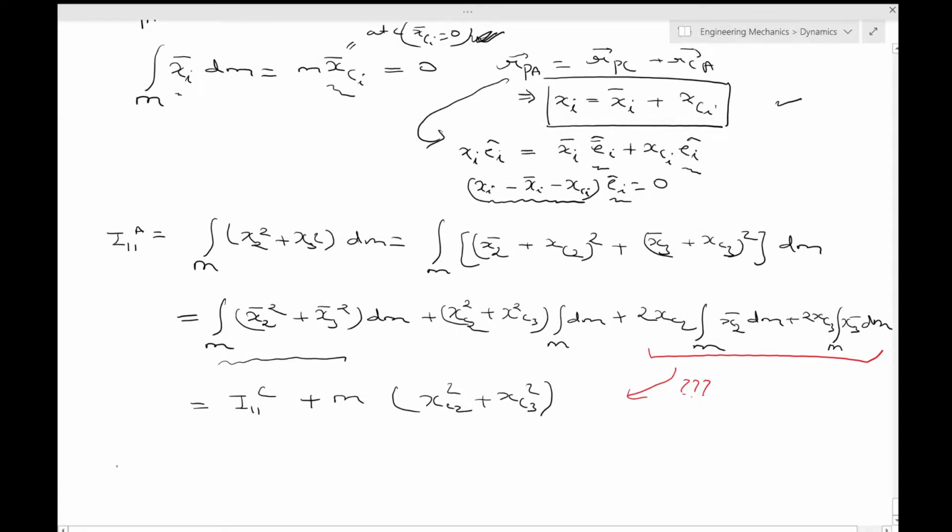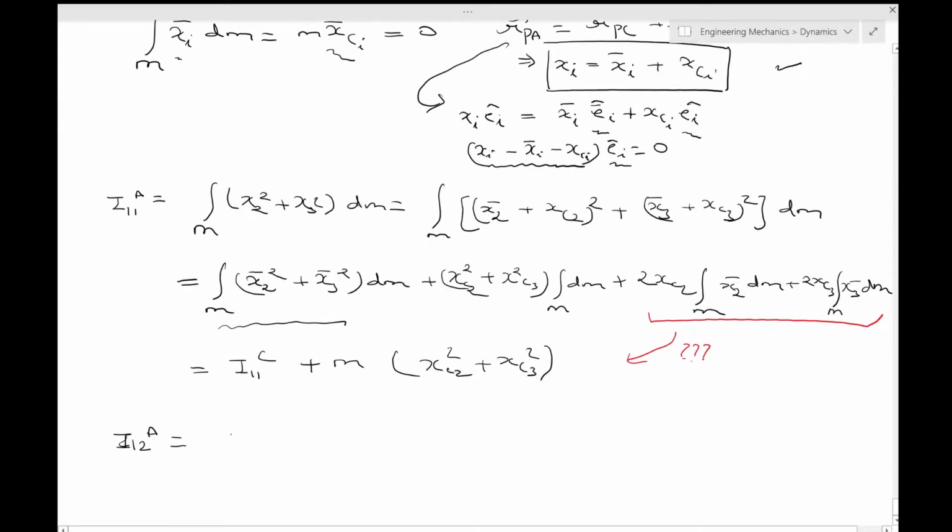Similarly, you should proceed by writing, say, I12 of A, which is equal to minus the integral of x1 x2 dm. x1 x2 again comes from over here, so put i equal to 1 and then i equal to 2 and then write those two terms.